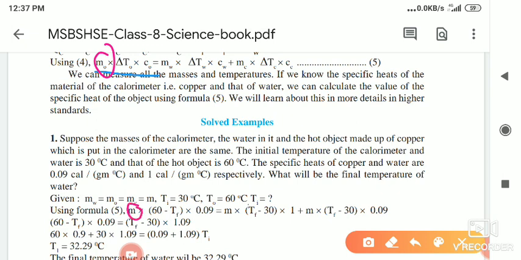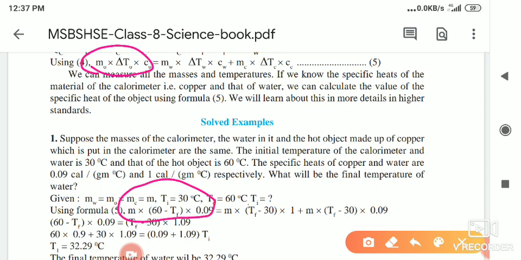Change in temperature of the object: its temperature is decreased from 60 degrees, so it is 60 minus T final, and into the specific heat of the object, which is 0.09. So these values we put into this formula.